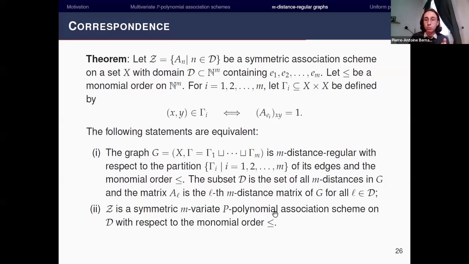If you have an m-variate p-polynomial scheme and you look at the graph with a certain coloring of its edges given by the first adjacency matrices in the scheme, the AEI, it will give you a graph which is m-distance regular with respect to this coloring. So again, it's a one-to-one correspondence.